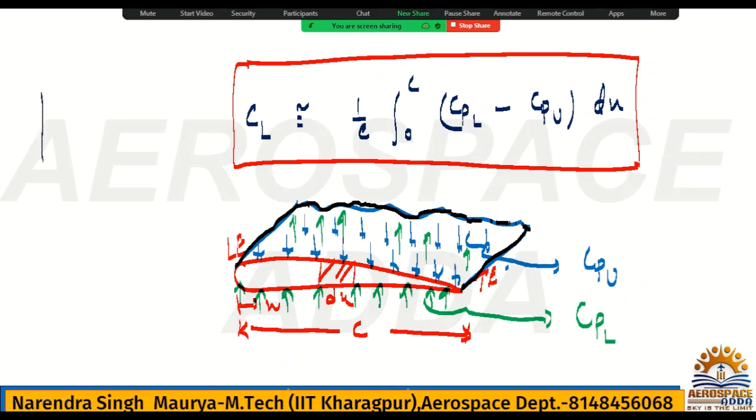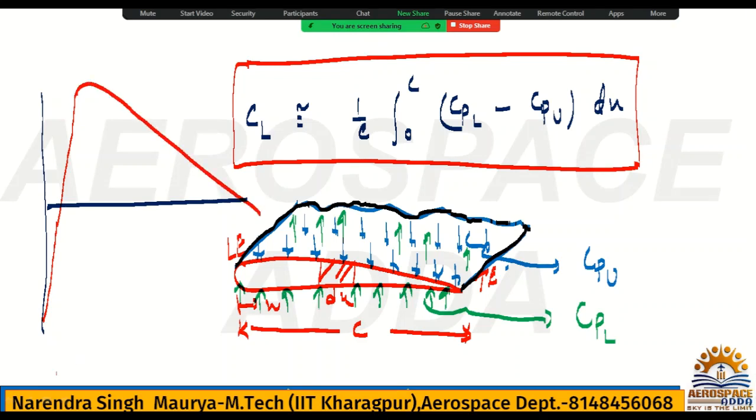I'll show you this graph. Here say Cp, and this is x by c.